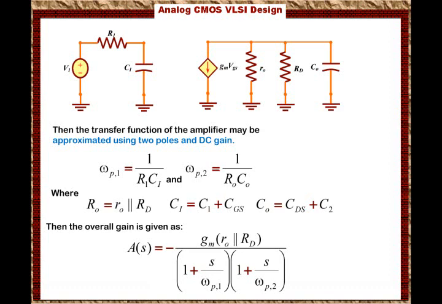What we did is we said that the overall gain will have the intermediate frequency gain, which is gm RO in parallel with RD, and then we have two poles, one pole at the input and one pole at the output, and the input pole is omega P1 and the output pole is omega P2. Then we approximated the transfer function. Note that if you set S equal to 0, you end up with the DC gain.